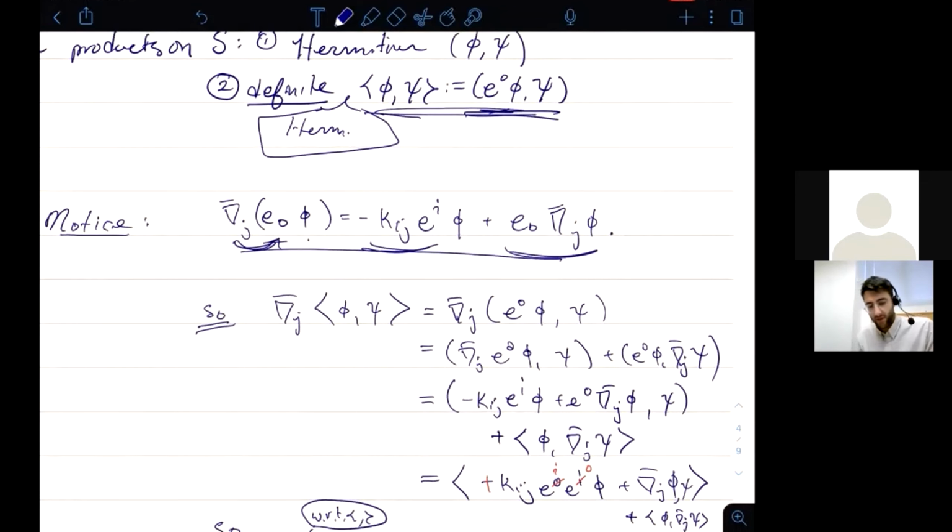Okay, so let's now take the derivative of the inner product of two things. By the way, the original Hermitian inner product, that's the one that is respected by nabla bar, which is the connection that we're using.